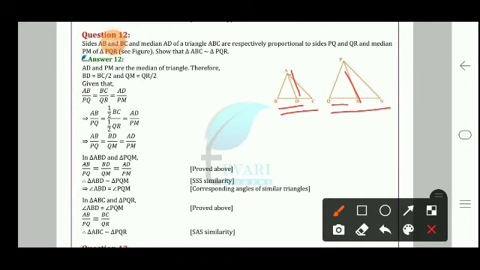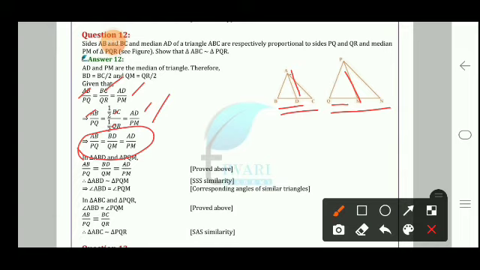Now given that AB over PQ is equal to BC over QR is equal to AD over PM. So we can write AB over PQ is equal to half BC, and in place of QR we write half QR, and AD over PM as it is. So the result we are getting is that AB over PQ is equal to BD over QM is equal to AD over PM.